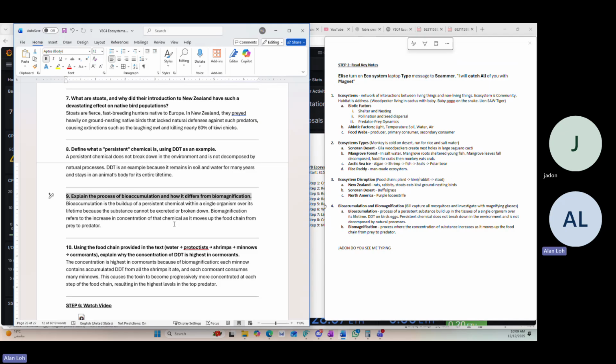Okay, what is the drawer? Jaden, what's the drawer? Number 9. That's 4. Excellent. Good. Can you have some answers?